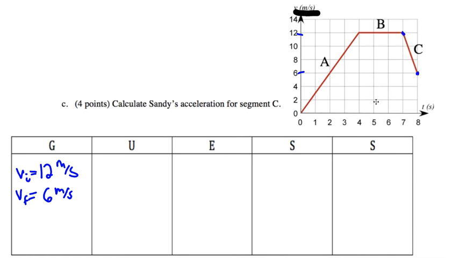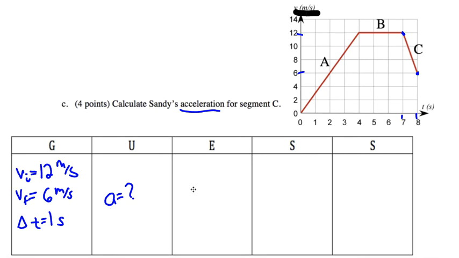Now, it didn't take the entire 8 seconds to slow down at that speed. Segment C started here at a time of 7, and it ended at a time of 8. Segment C only lasted for 1 second. So delta t is just 1 second for that part of the motion. All right, our unknown. What they ask us to find, acceleration.